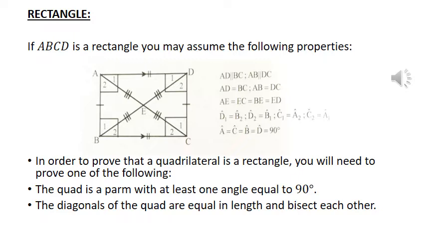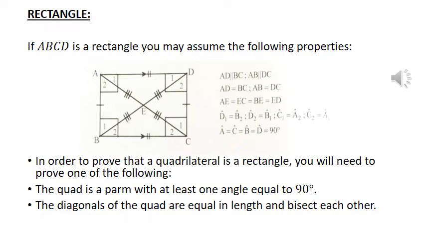And then what you should also see is that your opposite angles are equal. So angle A is equal to C, B is equal to D, and the 4 corner angles are equal to 90 degrees. Now, if they ask you to prove that a quadrilateral is a rectangle, you would need to prove, first of all, that it is a parallelogram using one of the 5 methods we learned last week.